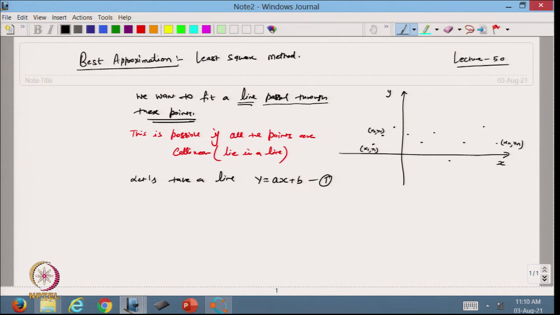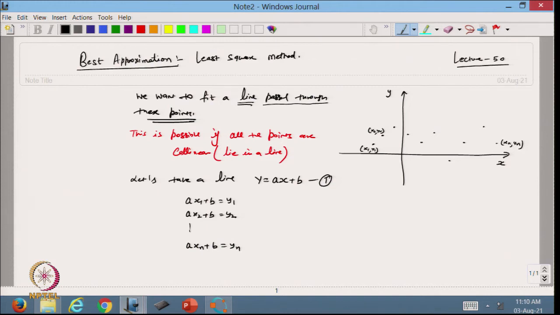Now I will substitute the first point here. So I will write a x1 plus b, and suppose this is equal to y1, a x2 plus b is equal to y2, and from here I will get a xn plus b is equal to yn.